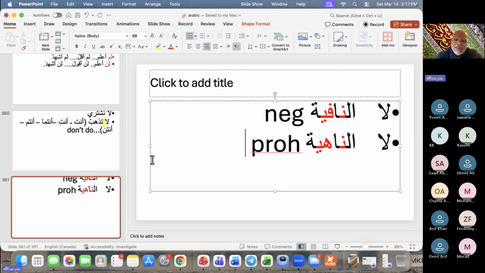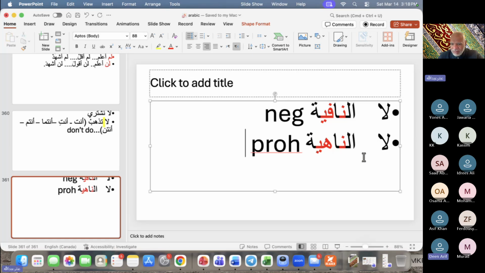Nahi means prohibiting. النهي عن المنكر. Both are las, but this is the difference. This one comes with all pronouns and it negates the present. And it doesn't do anything to the verb. It keeps marfu'. This one comes only with the second person. It means prohibition and it makes the verb majzoom.